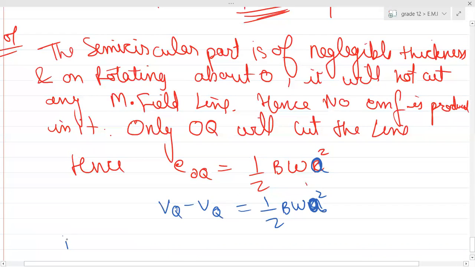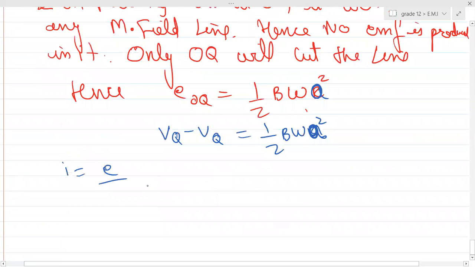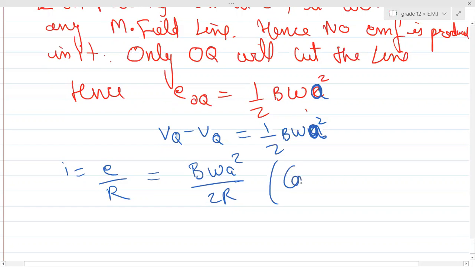Now we know induced current is nothing but E divided by the resistance of the whole loop. The resistance of the whole loop was given as R, so it is basically B omega A square by 2R. This is your induced current. Can you see magnetic field was constant, it was rotating with a constant angular velocity, the resistance is constant, so this whole thing is a constant. Yes or no?